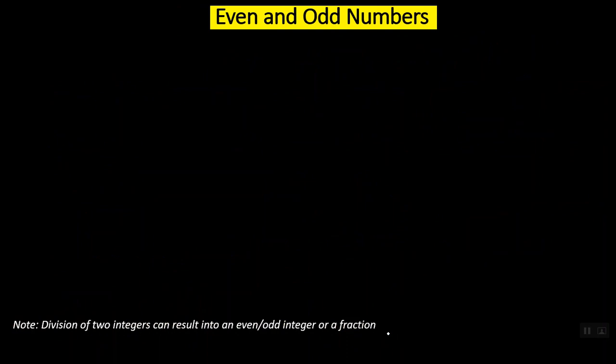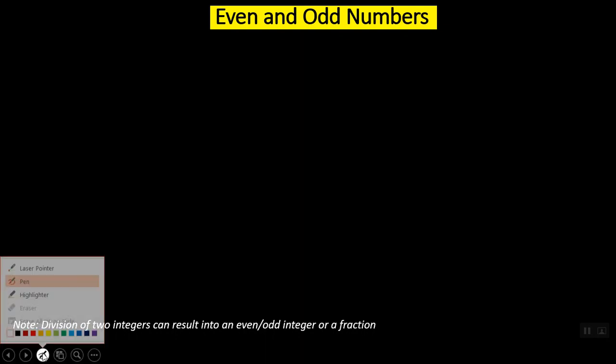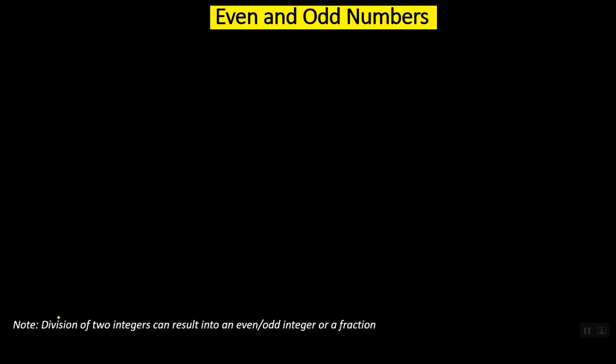Okay, let's go with even and odd numbers. As we say, the numbers which are multiples of 2 are said to be even numbers, and the numbers which are not multiples of 2 are said to be odd numbers. In general, an even number we can write as 2k, because it's a multiple of 2, where k is any integer.